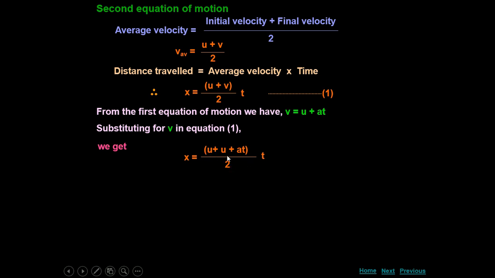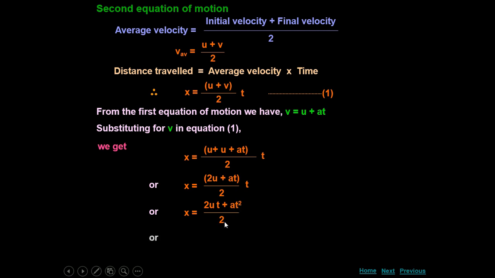So u plus u is 2u. So x is equal to 2u plus at into t divided by 2. Just multiply t into the bracket. You will get 2ut plus a, t into t is t square, at square divided by 2.